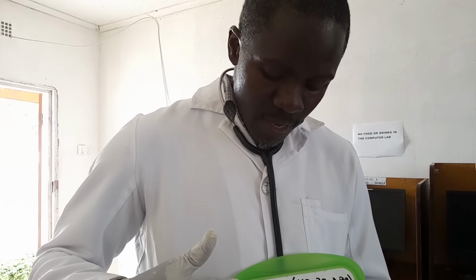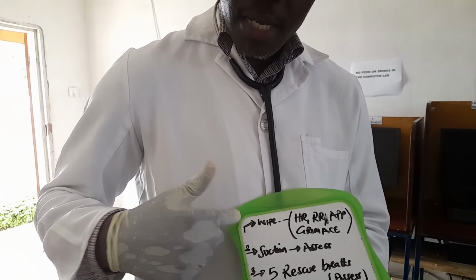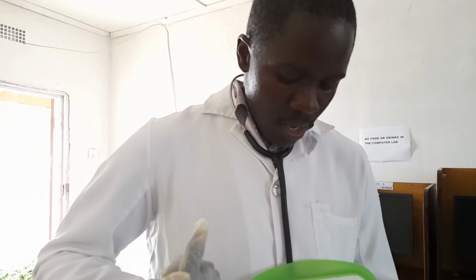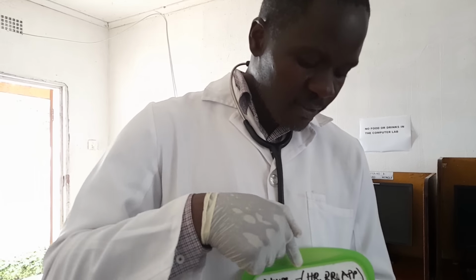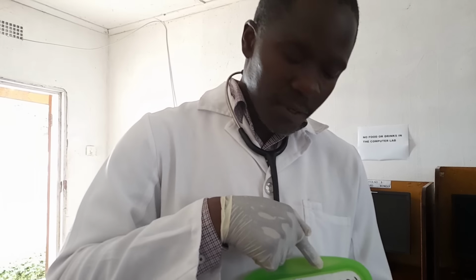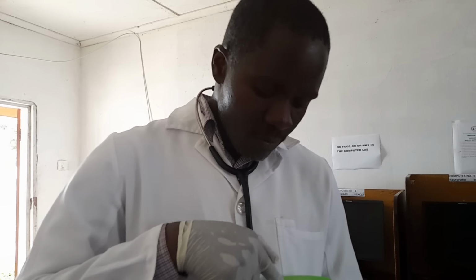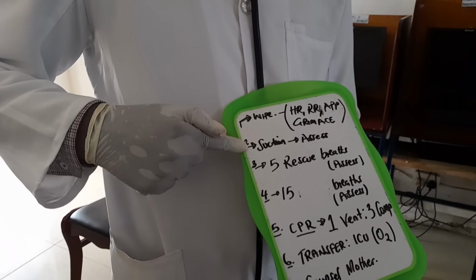After that, wipe the baby and turn the baby, meaning the position of the baby, so that the head is on a slanted side. After wiping, you do the assessment: heart rate, respiratory rate, appearance, and grimace. When you do that step and there is no satisfactory result, you go to the next one, where you suction.